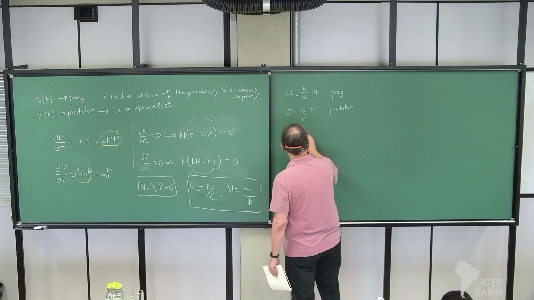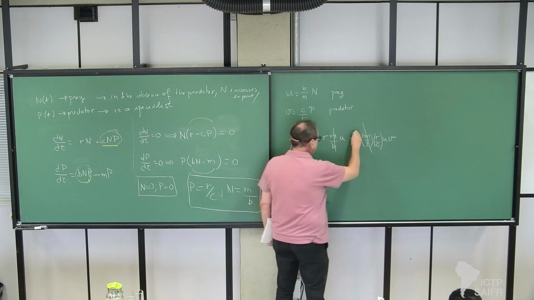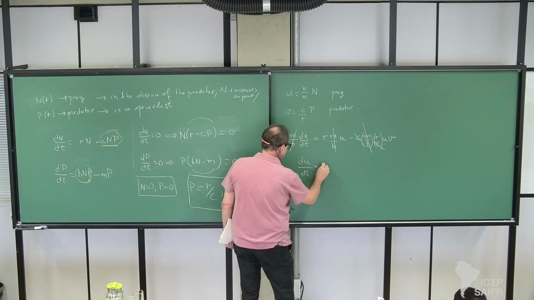Then I can cancel m over b here, m over b here, and this c goes with this one, and this goes with this one. Therefore, I end up with this here, which is r u minus r u v, which is r u times 1 minus v. Beautiful. A simple equation.